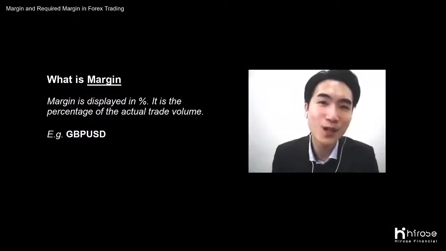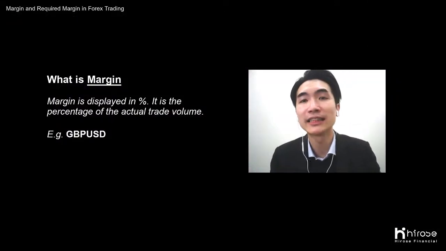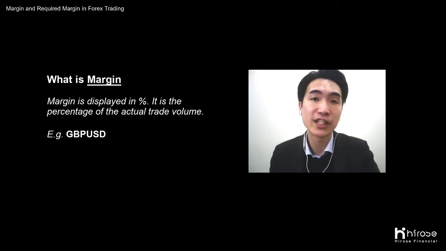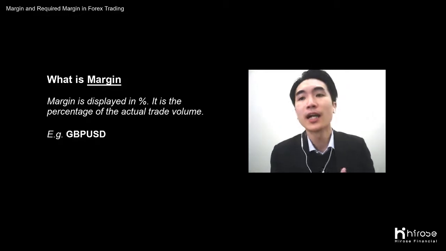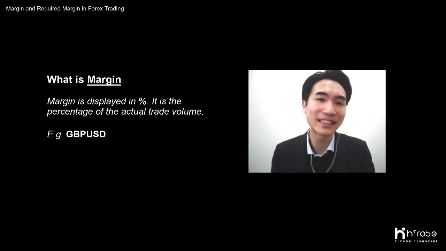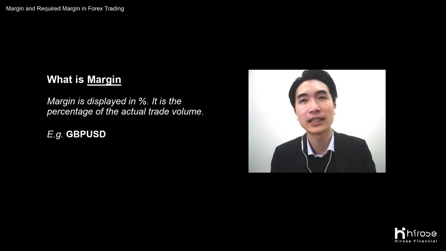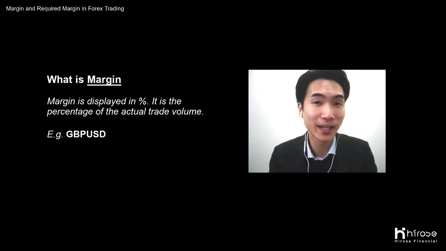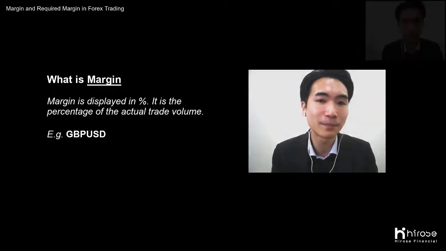Now we know that the margin is a percentage of the actual trade amount. So how do we convert that into the currency that we are trading? We can use the platform here, with the British pound and US dollar as an example.